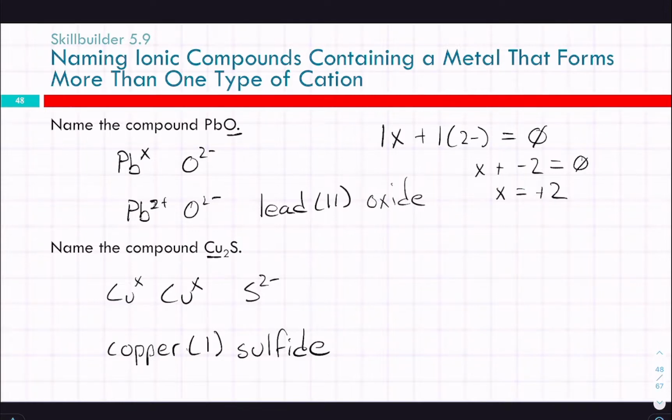So it makes this staircase or small pyramid. So it's 3+, 2+, 1+. So those are all of the metals that we have that form consistent charges, or always form the same charge.